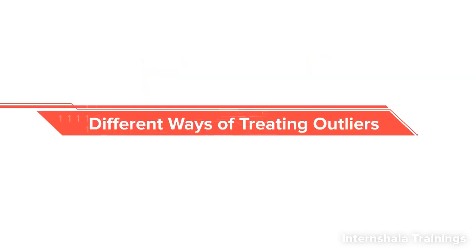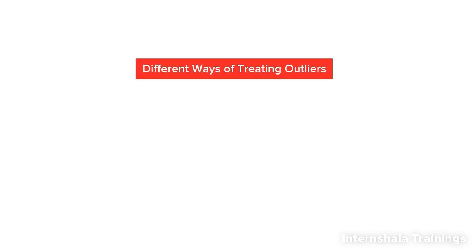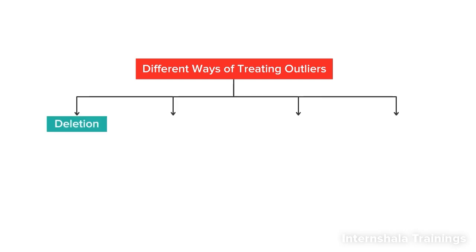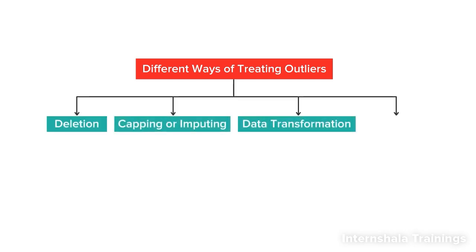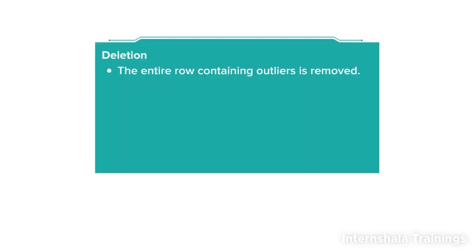So now that we have understood how outliers can cause serious problems in our analysis, let's understand different ways to get rid of them. There are 4 ways of treating the outliers: deletion, capping or imputing, data transformation and binning. In the deletion method, we remove the entire row containing outliers.